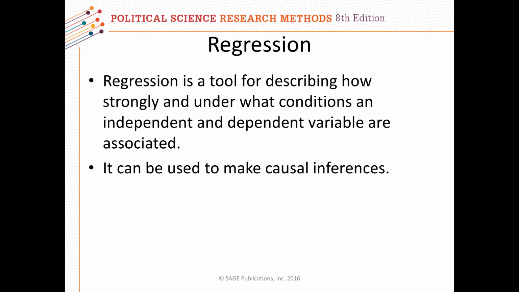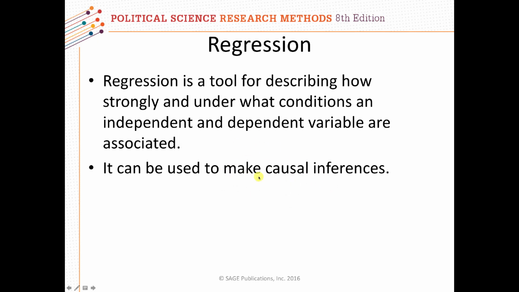All right, so let's talk about regression. What's important to me is that you are able to interpret this regression. Regression is a tool for describing how strongly and under what conditions an independent variable and dependent variable are associated. This can be used to make somewhat causal inferences.